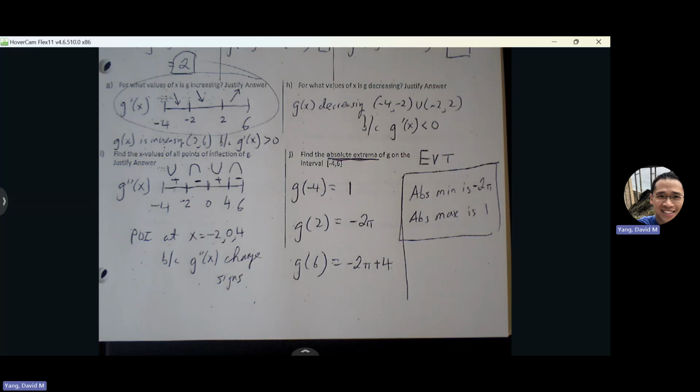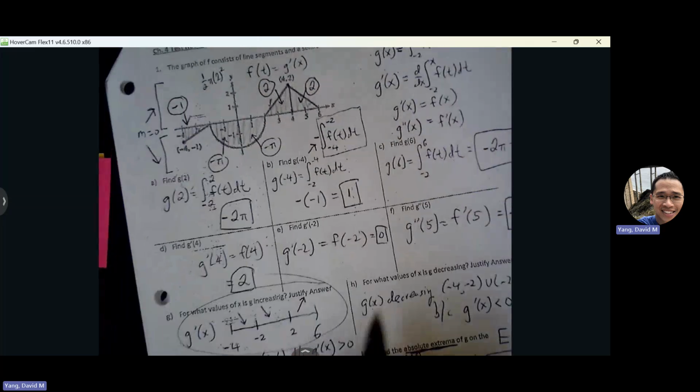Okay, let's do a Riemann sums problem. So let's go to page 4, which is another derivative graph. Let's go to page 5.